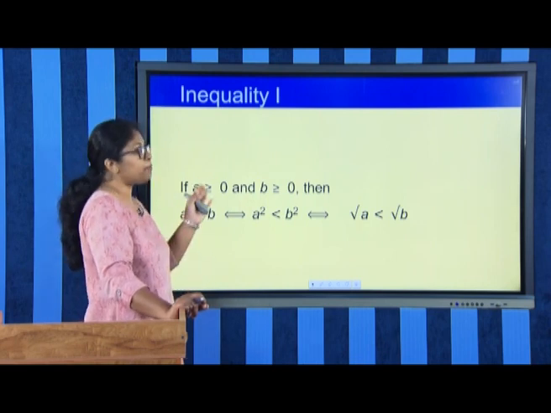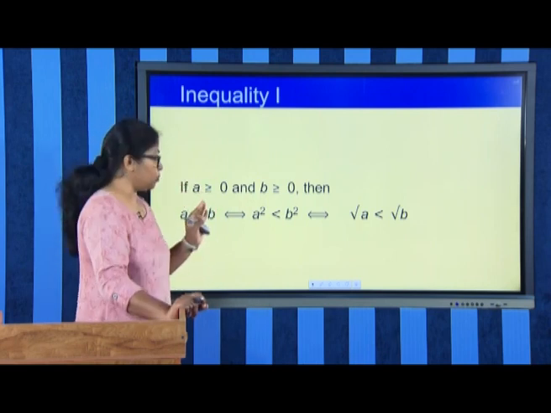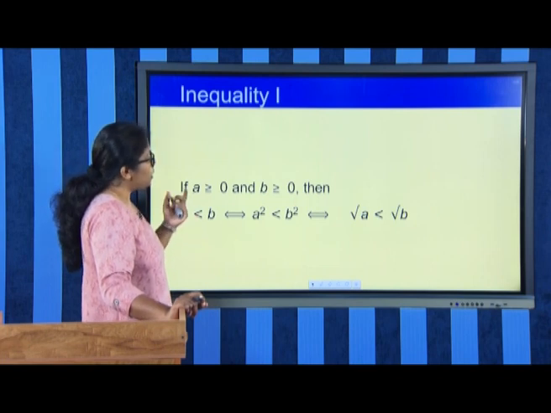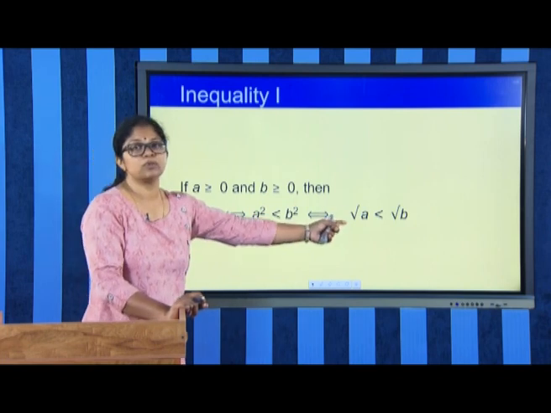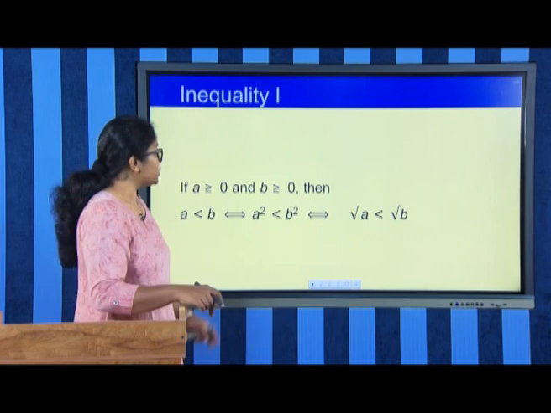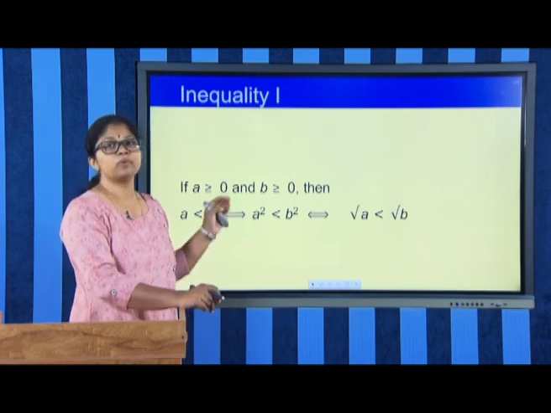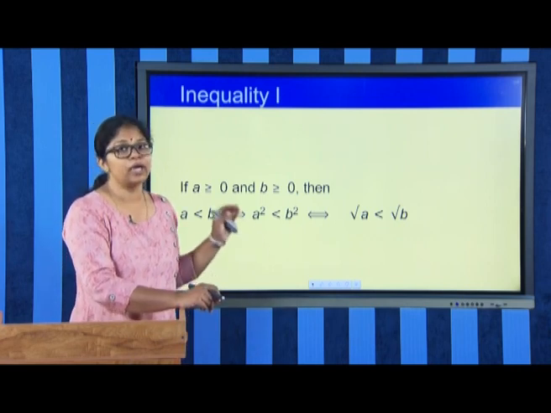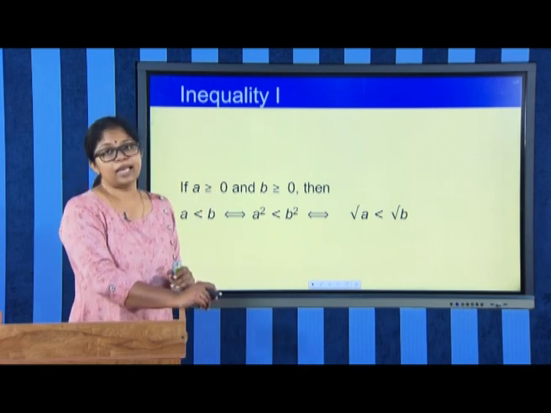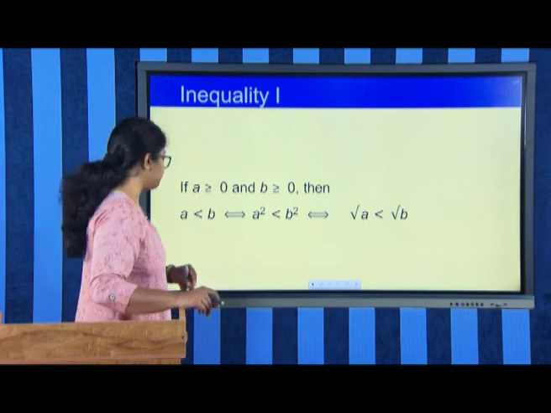So, suppose A and B are both equal to 0, then all these values are equal to 0. So, there is nothing to prove. So, without loss of generality, we can prove this inequality in the case of positive real numbers A and B.